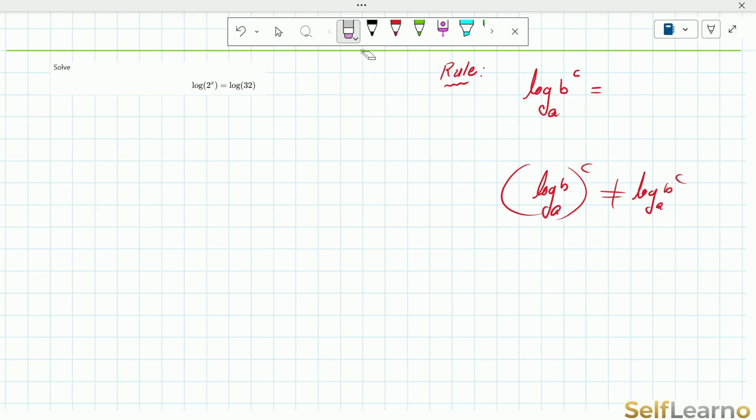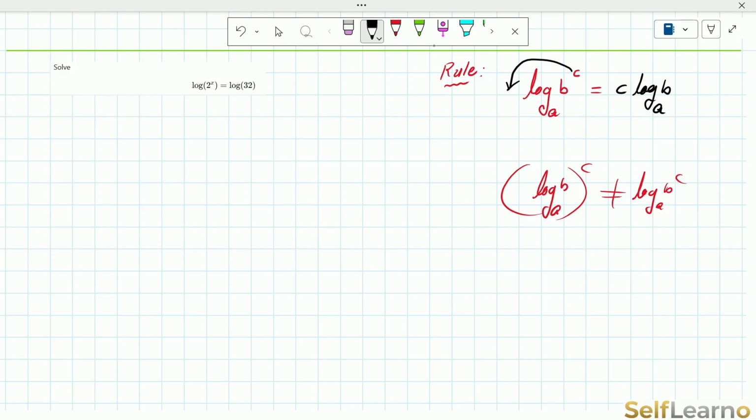Please take care. And the rule is, you can bring this power here in front. So you get C times log B with base A. Simple. Bring the power in front. But if the power is applied to everything, do not bring it.